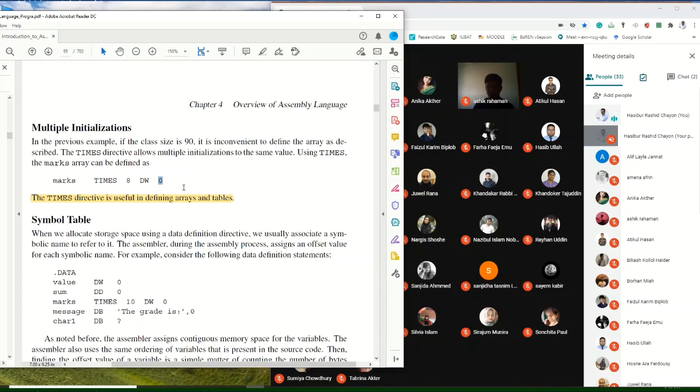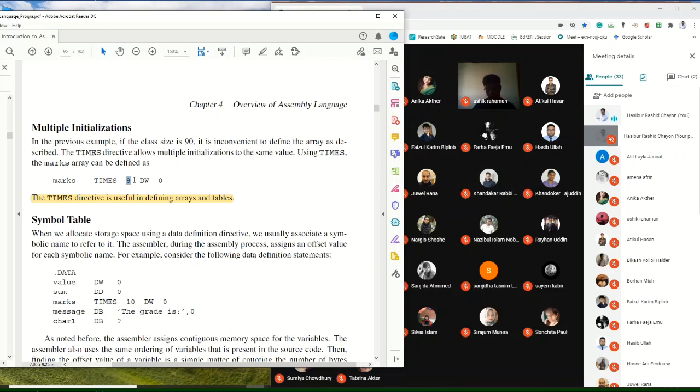Let me tell you again how you are going to define an array in assembly language. First of all, the variable name. Secondly, you have to write TIMES in capital letters, the keyword, and then how many elements in that array. If you have 10 elements in that array, you write 10. If you have 1000, you write 1000.